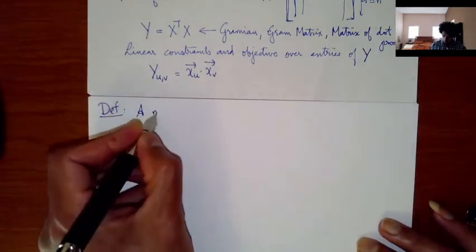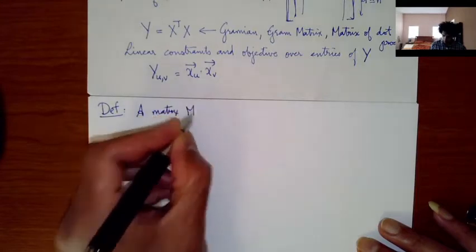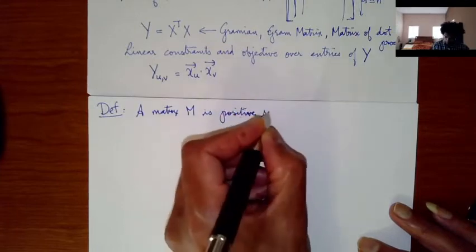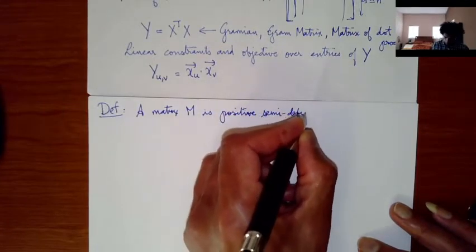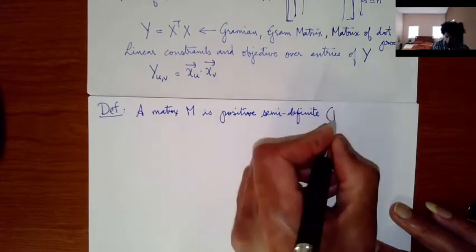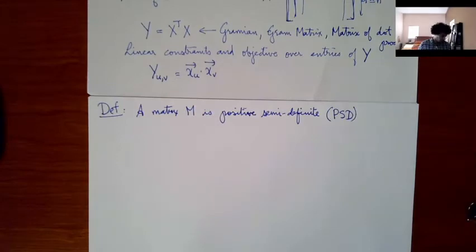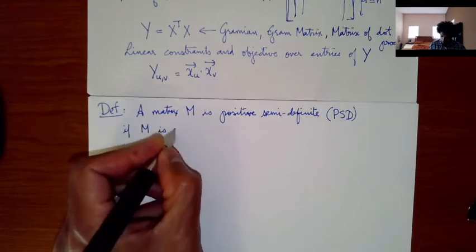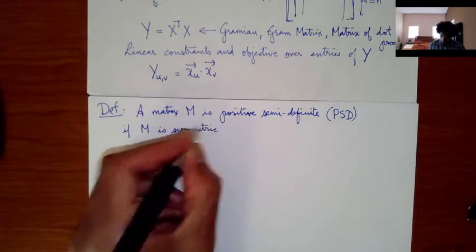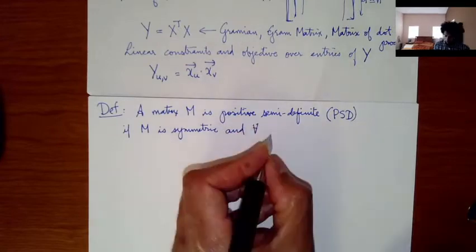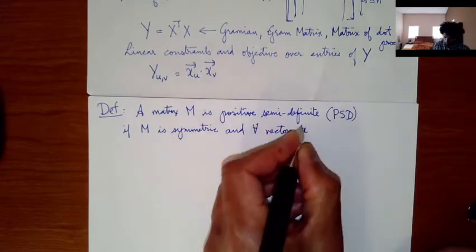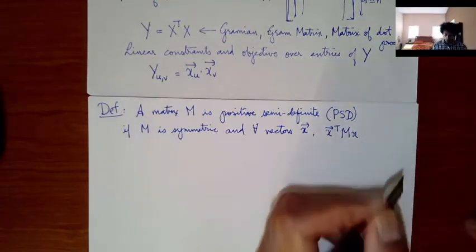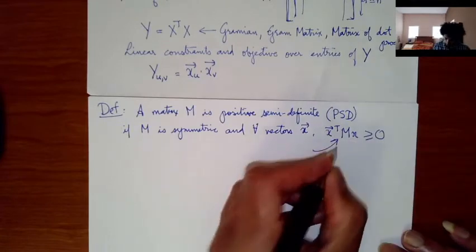A matrix M is called positive semi-definite, PSD, if M is symmetric and for all vectors x, x transpose Mx, this is the Rayleigh quotient, is greater than or equal to 0.